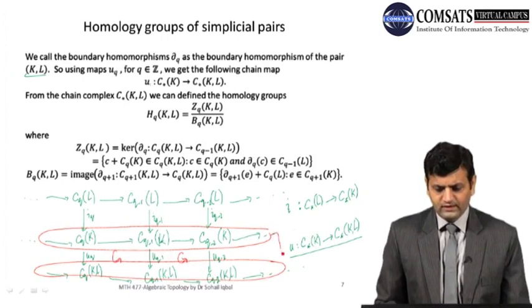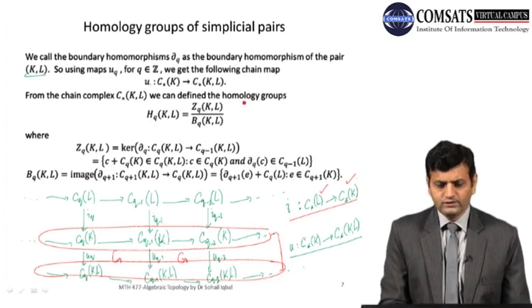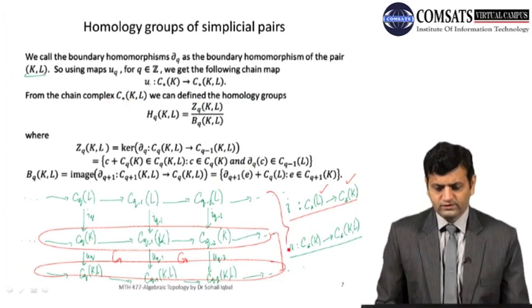So that's why this will give me a chain map between these two chain complexes. And once again we also have this i, which is a chain map from this chain complex to this chain complex. So basically we have this diagram which is commutative, with i and u's.